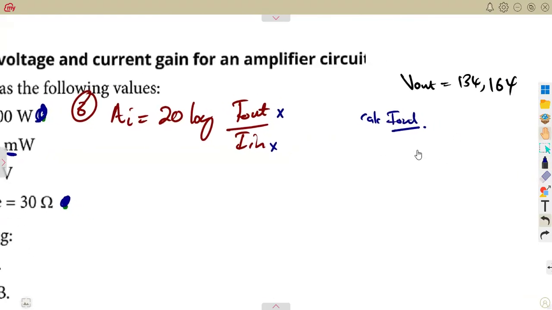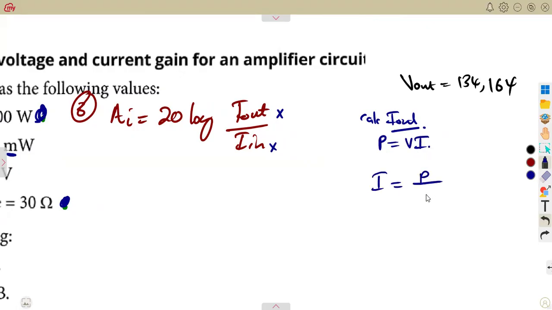From the power and voltage, what are we going to have? Power is voltage times current, meaning if you want current, it's power over voltage, all of them output values. So the output current can be calculated from P out.